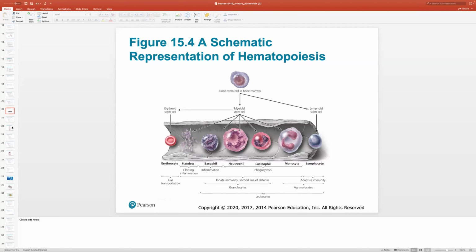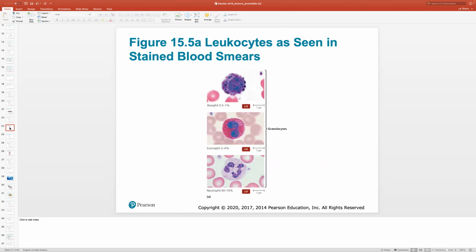When we look at the leukocytes, here we've got some of the granulocytes in stained blood smears. Okay, so this is what they actually look like under the light microscope.